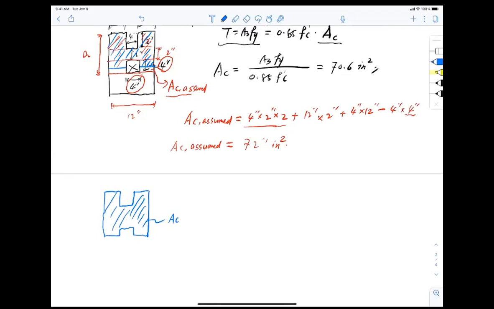So I need to find the center of this compressive zone to get the distance between the center and the tension bars and be done. And this is our favorite.